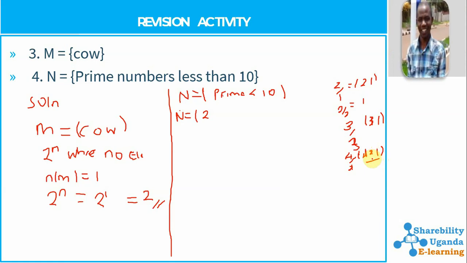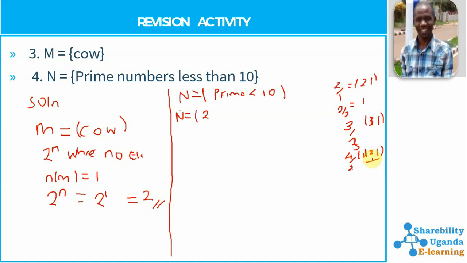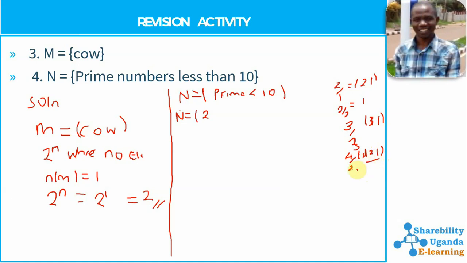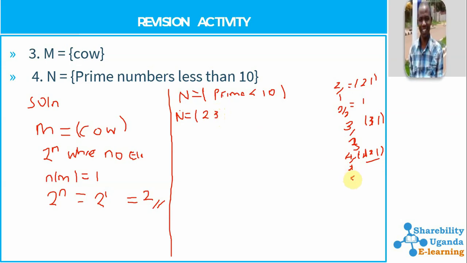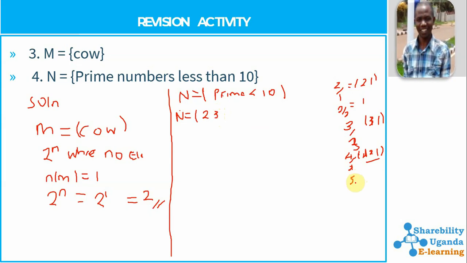So it doesn't qualify to be a prime number, because it has more than 2 factors. So 4 is disqualified. We got 3 which was also part of our prime numbers. 4 has failed, so we go to 5. What is 5 divided by 1?